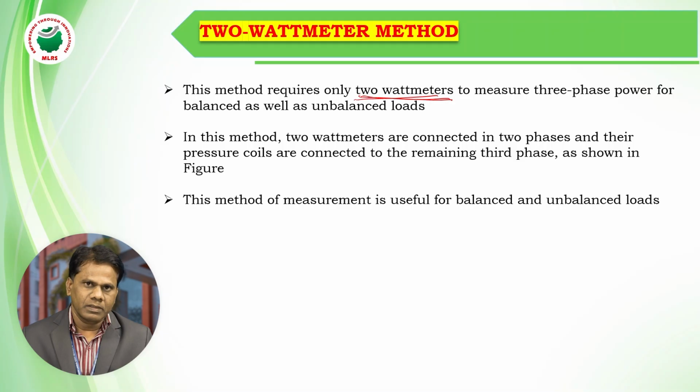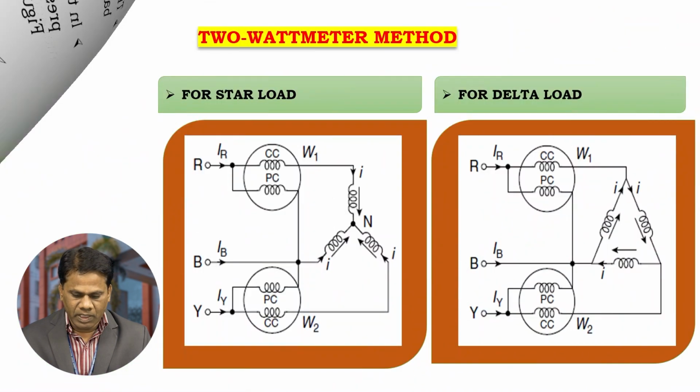The two wattmeter method is used for both balanced as well as unbalanced loads. In both cases, we are measuring the active power in three-phase circuits. For measuring the active power, the circuit diagram is as shown in the figure.